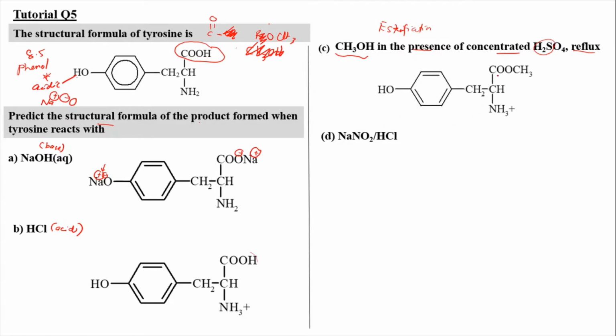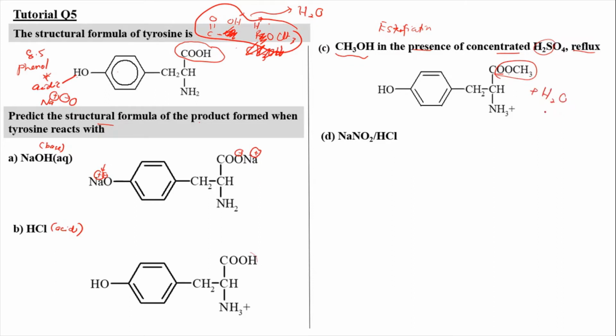Okay, so it's going to be COOCH3, which is this part here. The other parts are still maintained. And because we are removing OH and hydrogen, the byproduct that we are forming is H2O. So we're going to eliminate water, plus H2O.